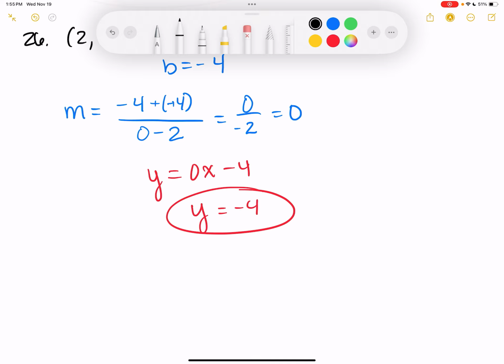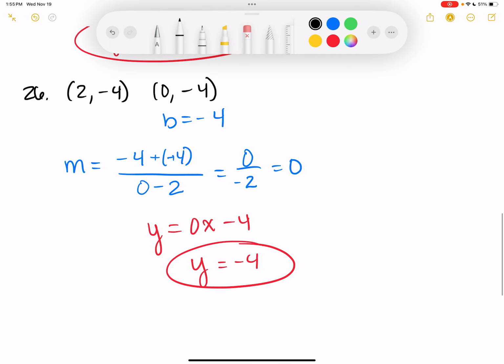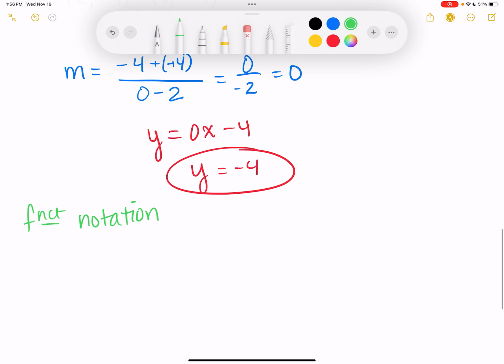Okay. So there's another notation that they can give you this same information in, and it's called function notation. Hey, guys, can y'all be quiet, please? Okay, function notation is essentially they're going to give you f of a value equals something and then another f of a value equals something.